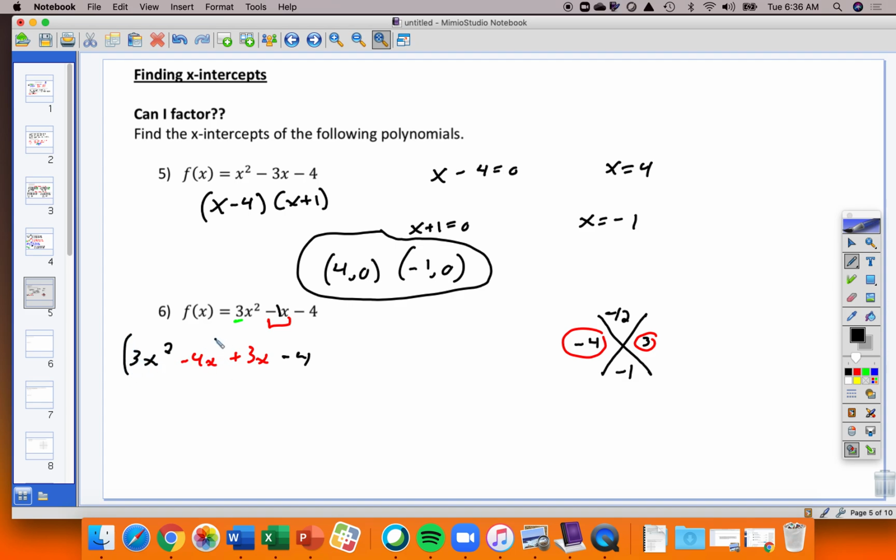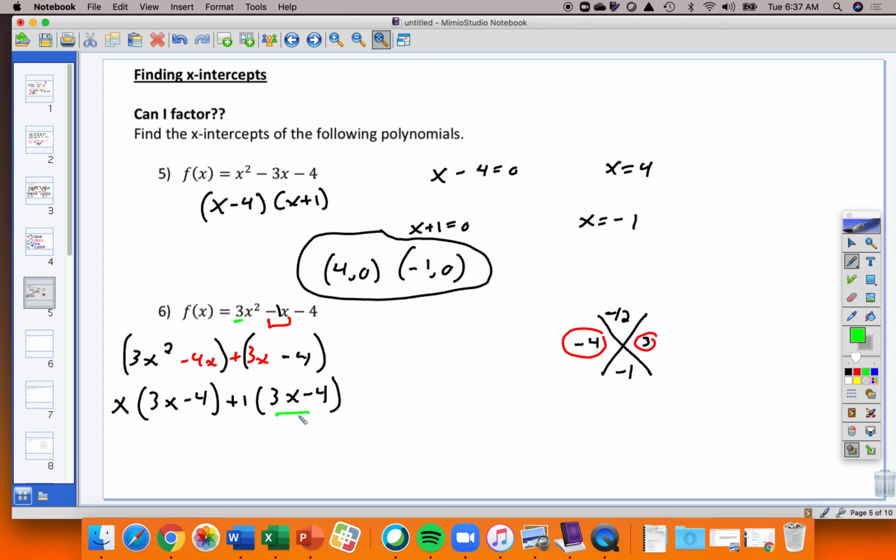I can group these together and group these together. So in the first term, I can factor out an x, and I'm left with 3x minus 4. And in the second term, I can factor out just a 1, and I'm left with 3x minus 4. And now the key here is that these two parentheses are the same.